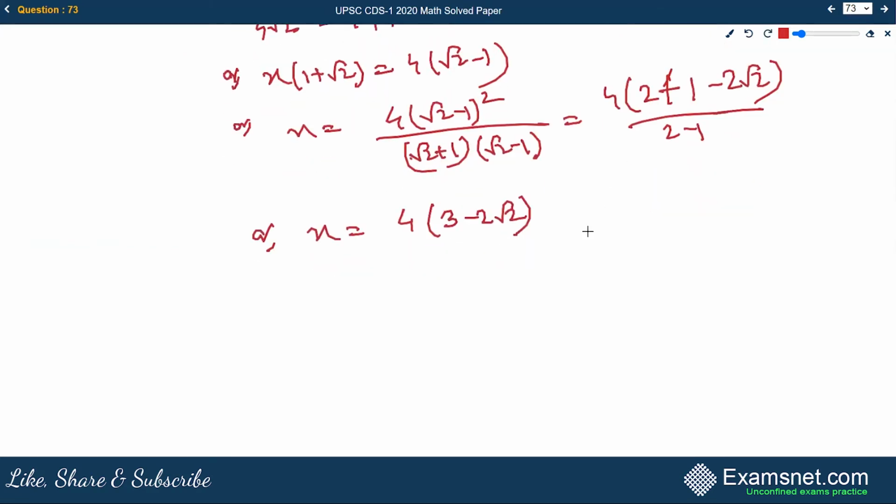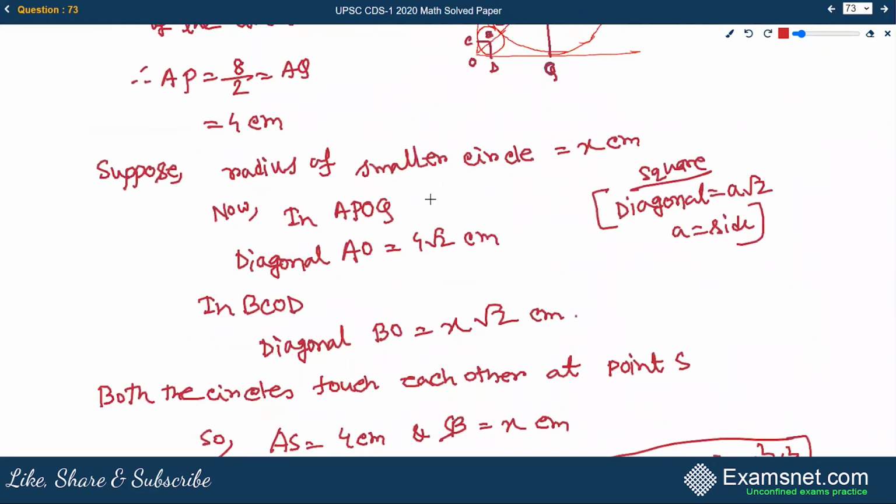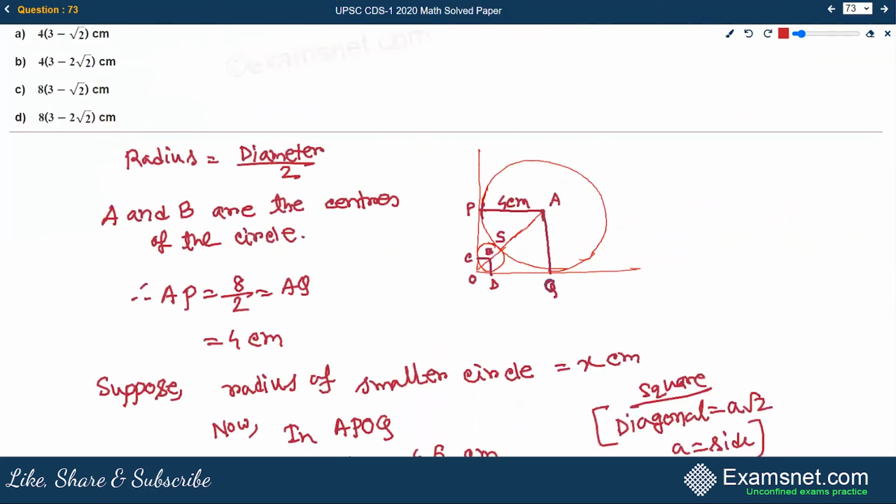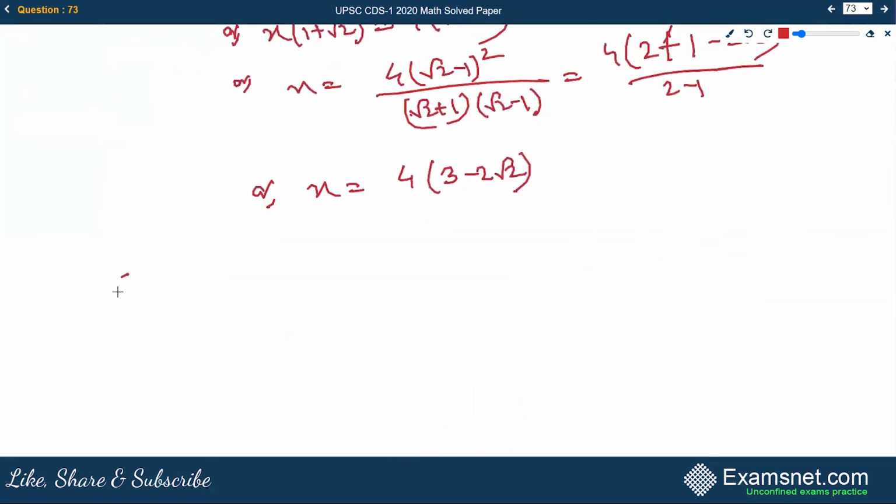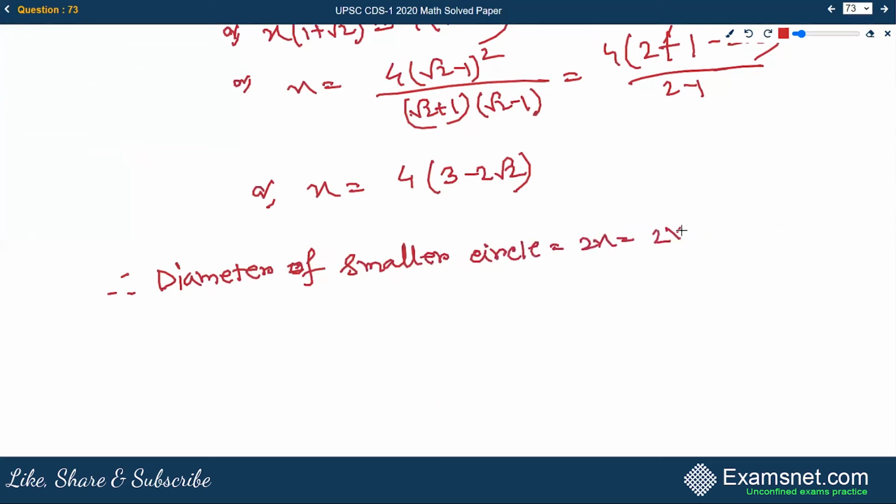Okay, so here x is the radius of the smaller circle. We are asked to find the diameter of the smaller circle. Therefore, the diameter of the smaller circle is 2x, 2 multiplied by 4 times (3 minus 2 root 2), that is 8 multiplied by (3 minus 2 root 2) centimeter.